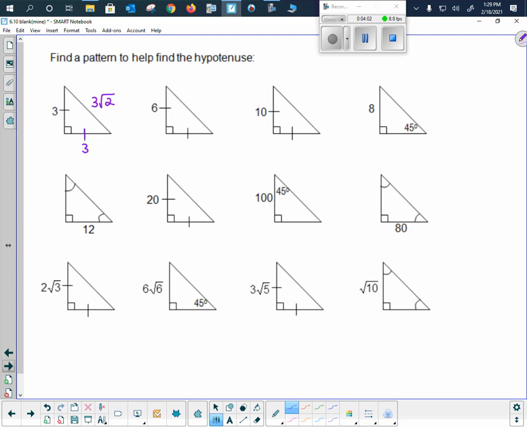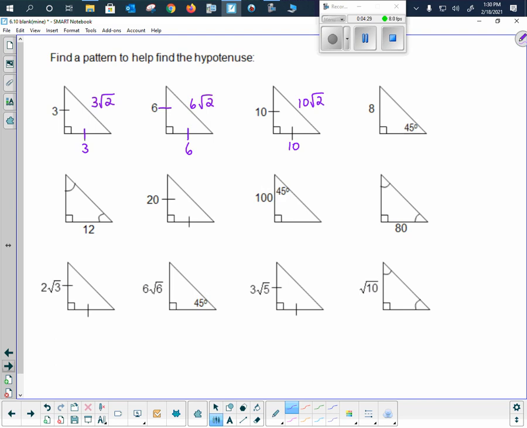All right, so what makes the next picture a 45, 45, 90, or is it? And you should just be telling me these markings make it 45, 45, 90. So this length would be 6. This one would be 6 root 2. Next one, same thing. This would be 10 and 10 root 2 because of the equal legs.